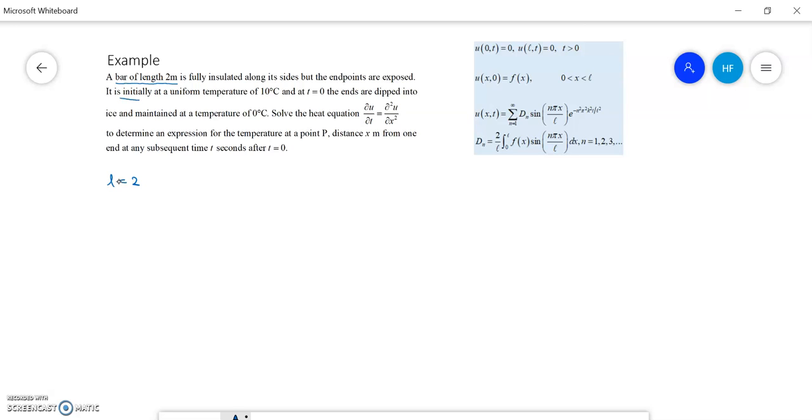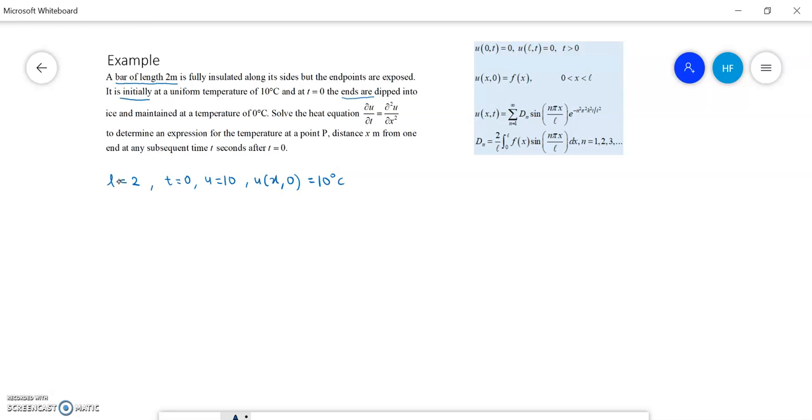So initially, it means that when t equals 0, the value of u equals 10. So we can rewrite this as u(x, 0) equals 10 degrees. And when t equals 0, the ends are dipped into ice and maintained at a temperature of 0 degrees.